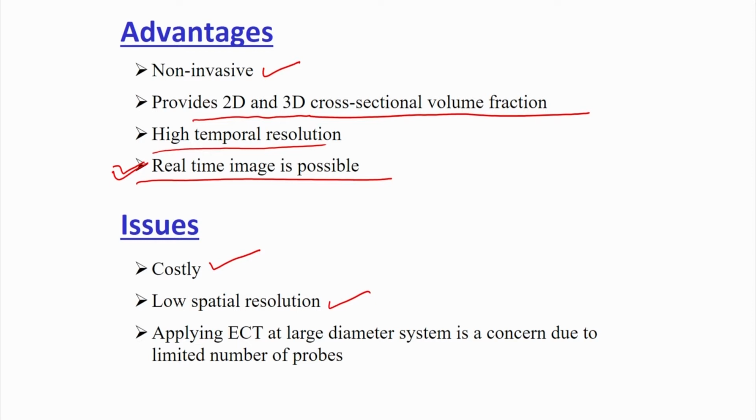If you go for a very large diameter, your spatial resolution will further go down, because now the distance between the two probes will be very high. So, your spatial resolution will further go down, it will kill you further. So, those are the major issues with electrical capacitance tomography.